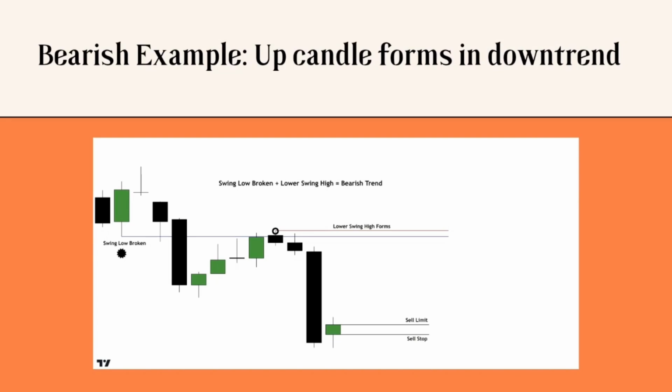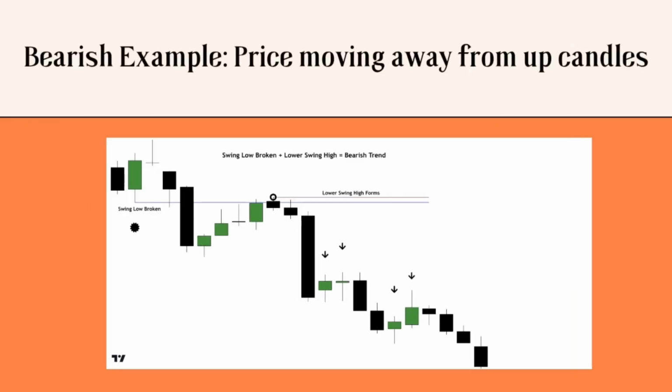Let's take a look at what unfolds throughout the rest of the trend. We can see after every up close candle in this downtrend, there was selling occurring. In order to arrive at this conclusion, or to be able to utilize this simple approach in counter trend candles, we needed to understand what the trend was.